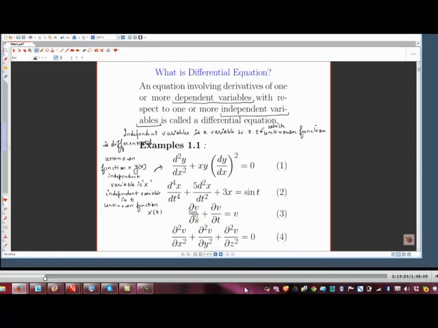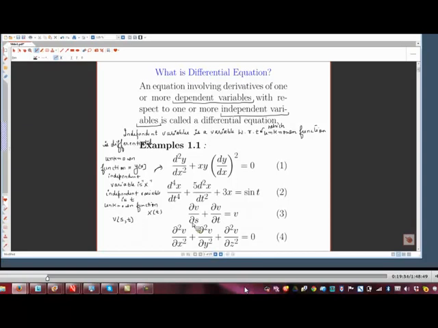Now the third equation: what is the independent variable in the third example? S and t. There you go. S and t are the independent variables, and the unknown function, or dependent variable, will be v of s comma t. So v is a function of s and t.